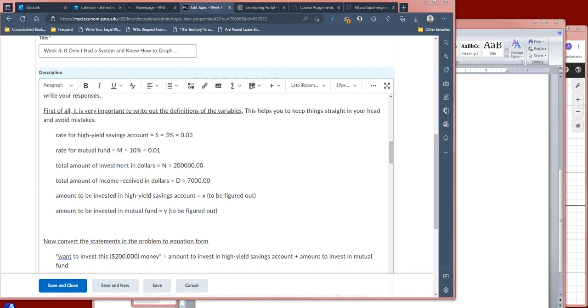And so what Blondie and Dagwood want to figure out is how much money should they put into the high yield savings account and how much money they should put into the mutual fund so that they can earn at least $7,000 per year. All right, I'll pause again while you think about that for a bit.